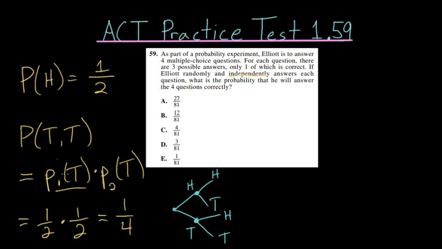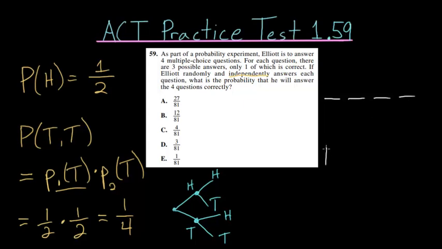So with all of this in mind, let's go back to our particular problem. For each question, there are only 3 possible answers, and one of those is right. We want to know the probability that Elliot will answer the 4 questions correctly. We have 4 questions, so I can put a mark for each of these 4 questions. For each question, there are 3 choices, one of which is right.